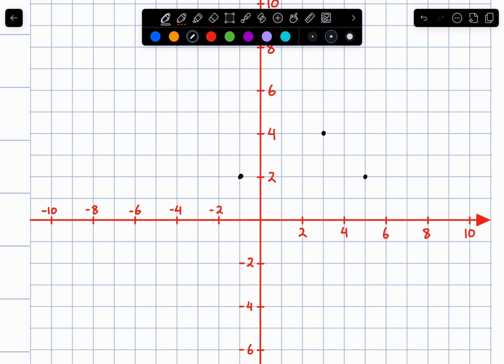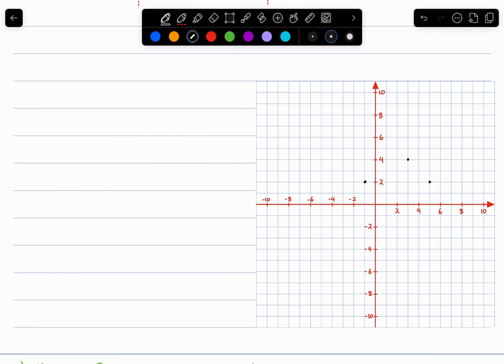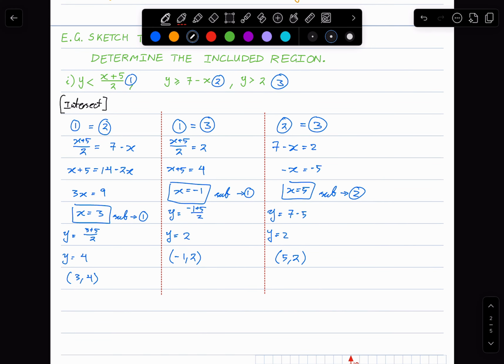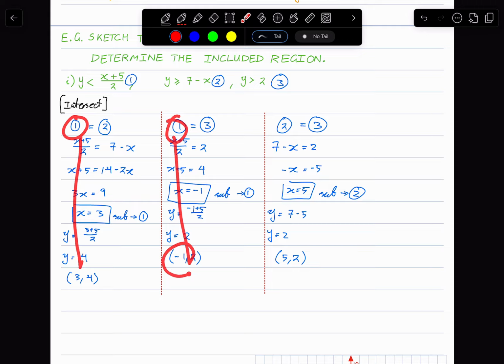Which I have actually just realized, if you just find these points of intersection, you don't need to find any y-intercepts or x-intercepts at all, because equation 1 has these 2 points to sketch.